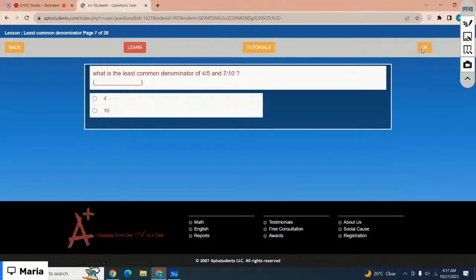What is the least common denominator of 4 by 5 and 7 by 10, which is the correct option?